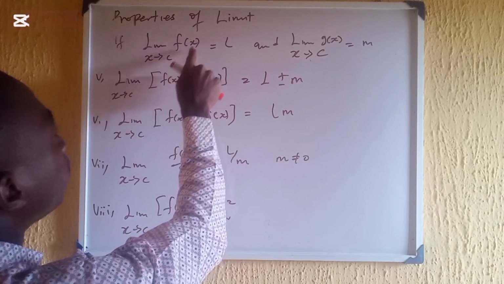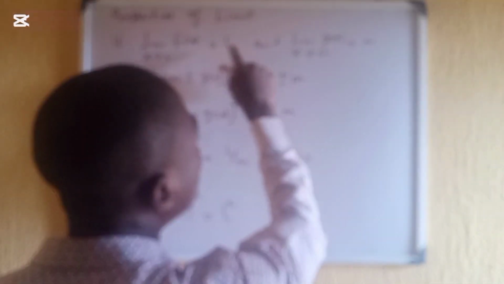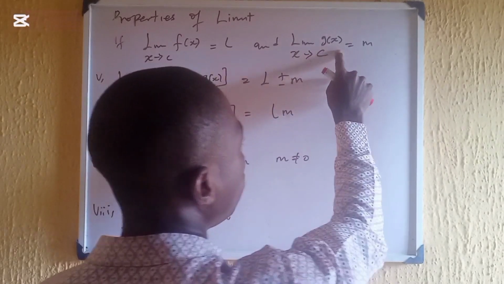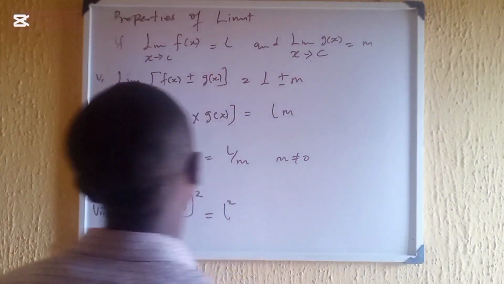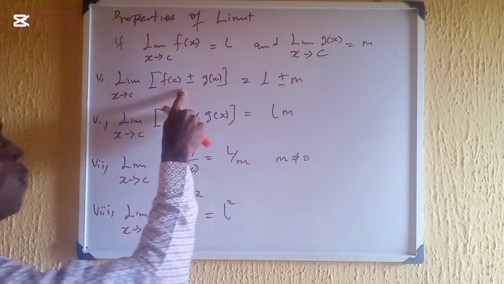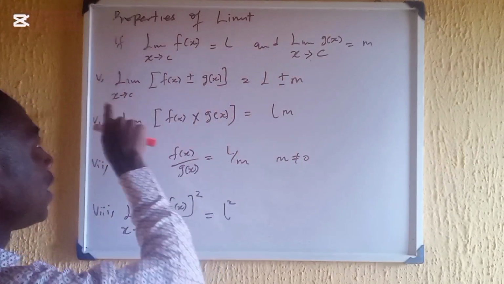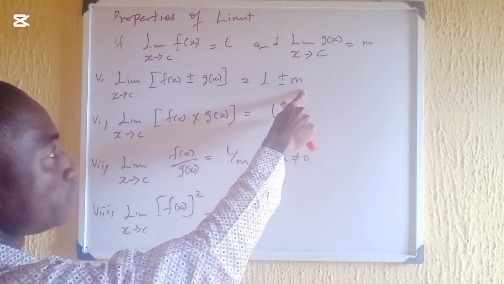Now, if the limit of f of x as x approaches c is equal to L, and limit of g of x, this is another function, as x approaches c is equal to m, then we'll come to number 5. The limit of f of x plus g of x as x approaches c is equal to L plus m.